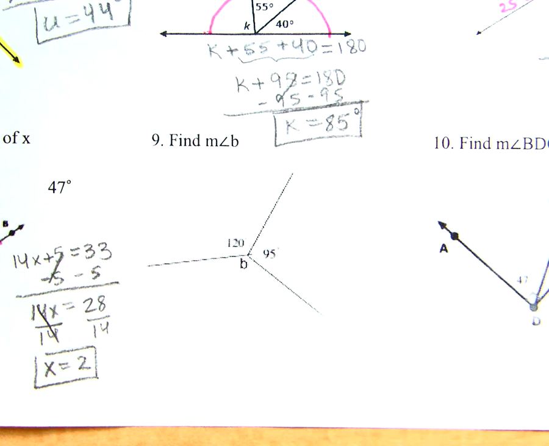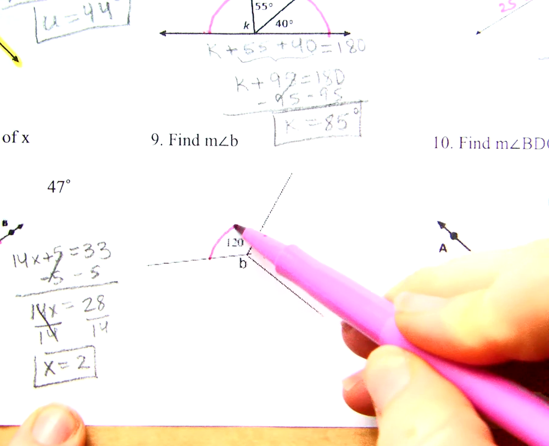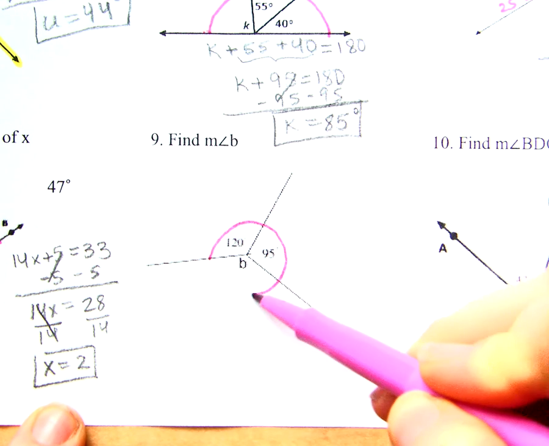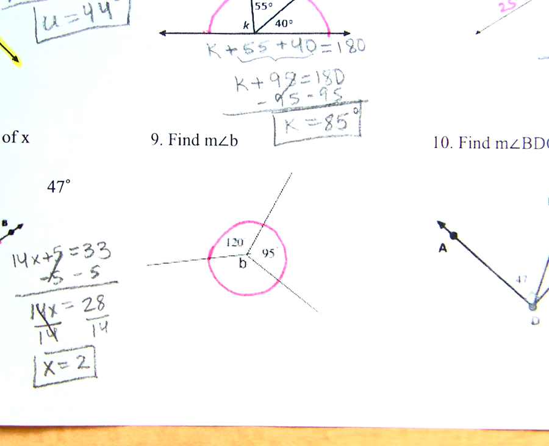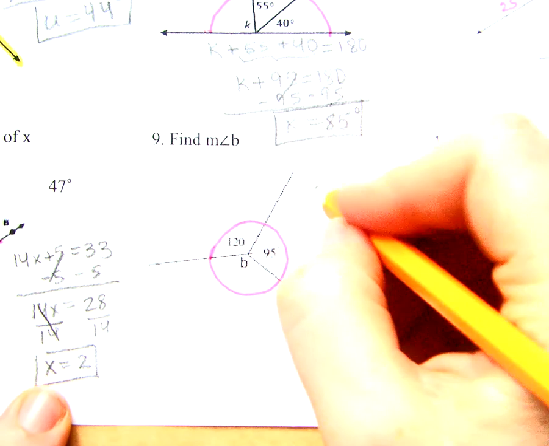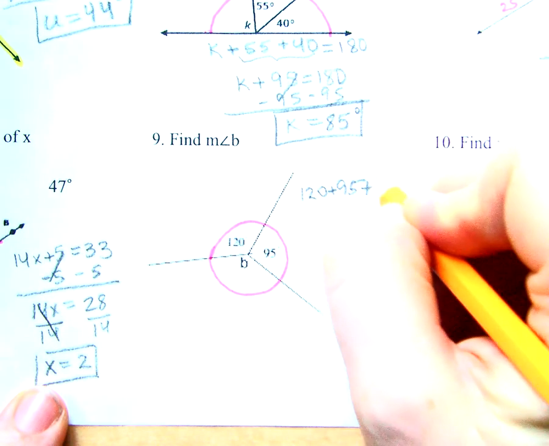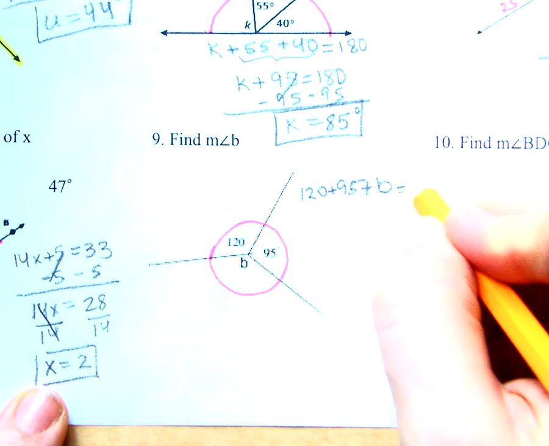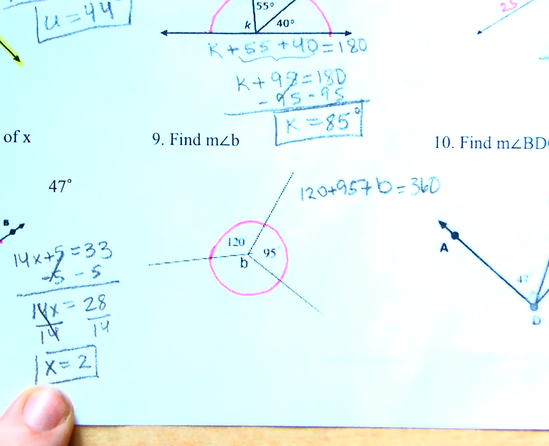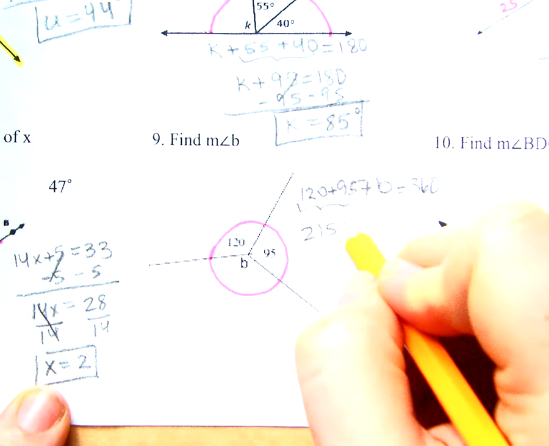Number 9, I'm seeing a 120, a 95, and a B going all the way around together. And remember, anytime we make that full circle, we're talking about 360 degrees. We can add 120 plus 95 plus B, and I have to get 360. So when I combine 120 and 95, that gives me 215.